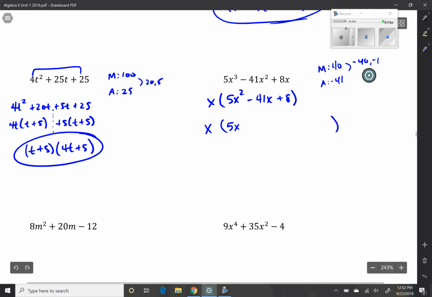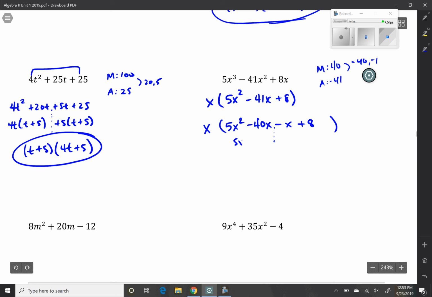So I'm going to break this apart. Notice I'm putting all of this in one big parenthesis so that it stays where it's supposed to. We don't forget about the x that way, right? So we have that x there in my answer. The GCF is 5x, leaving me with x minus 8, negative 1, x minus 8. So my final answer is x times (5x minus 1) times (x minus 8).